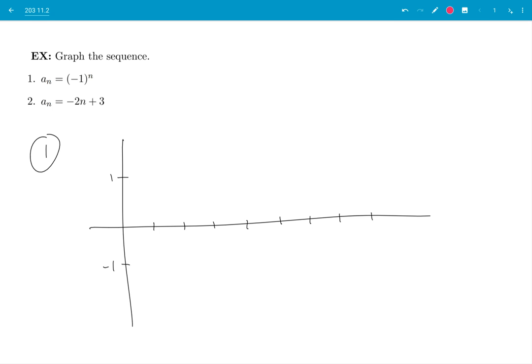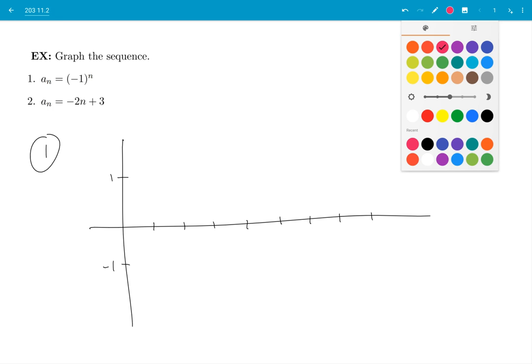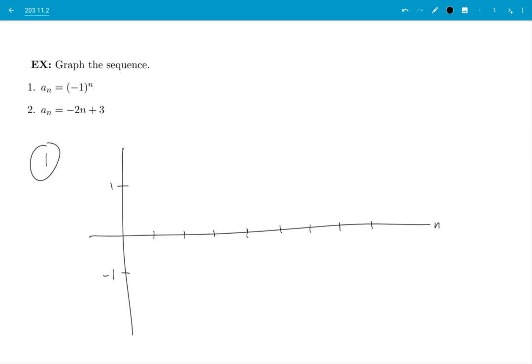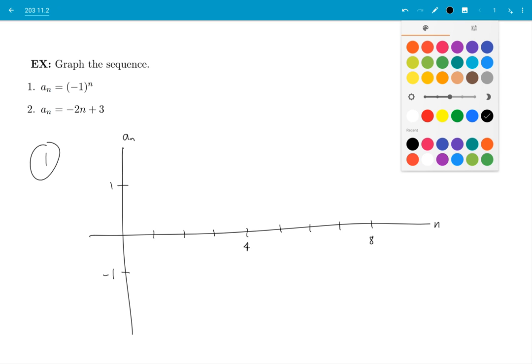So, oops, should label that. So this is the n-axis, and this is the an-axis. 1, 2, 3, 4, whatever, 5, 6, 7. Yep, I can count. Don't worry.